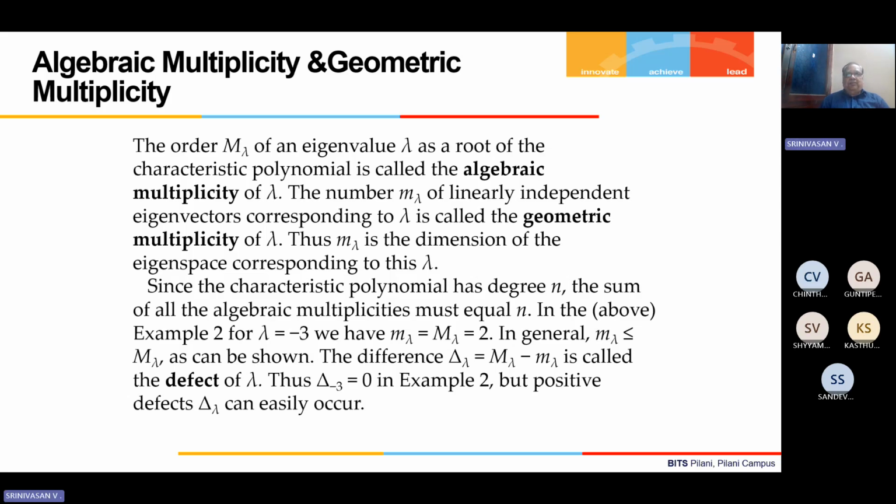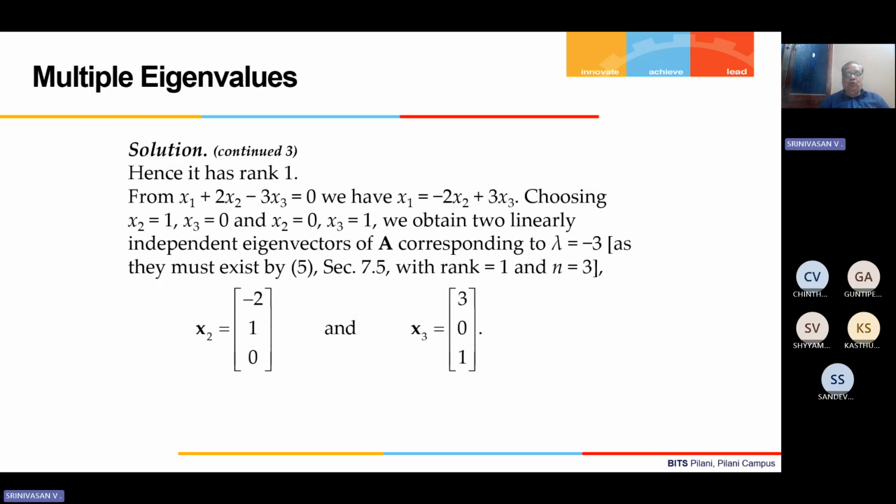In the above example, for lambda equal to -3, we have small m lambda equal to 2. What is that? Just look at it: we have two eigenvectors, -2, 1, 0 and 3, 0, 1, which are linearly independent.